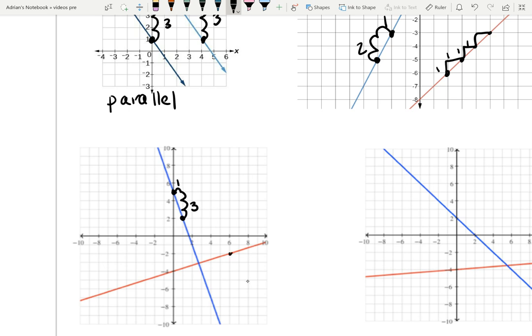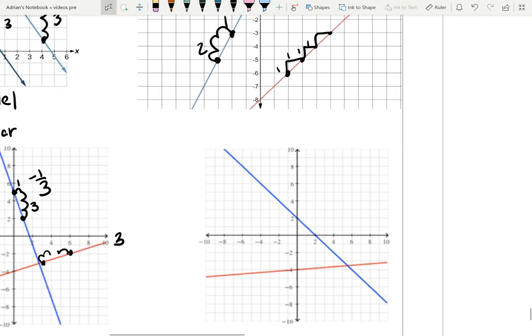And then I see a point here and here. So that would give me 1 over 3. And then one of these lines is positive. This one is positive. This is a negative line. So they are perpendicular. And then our last one is neither.